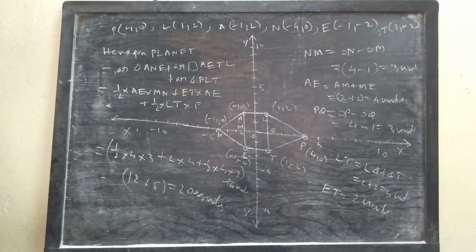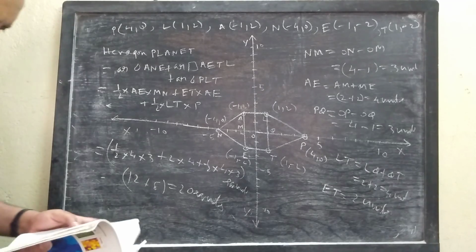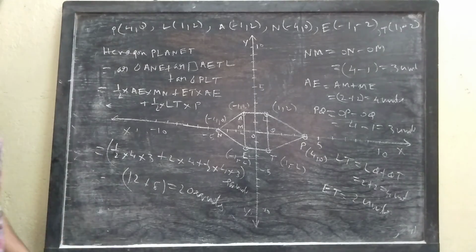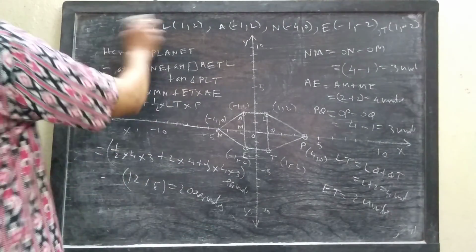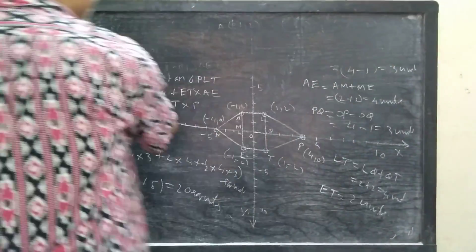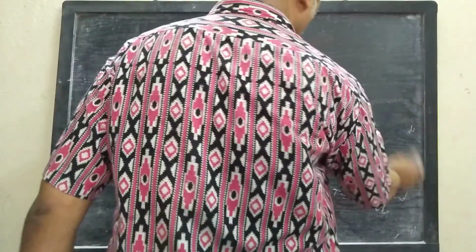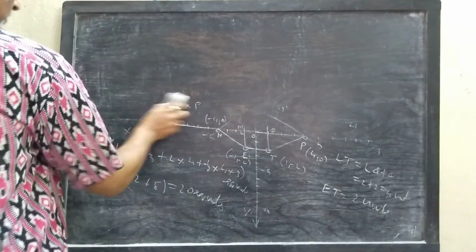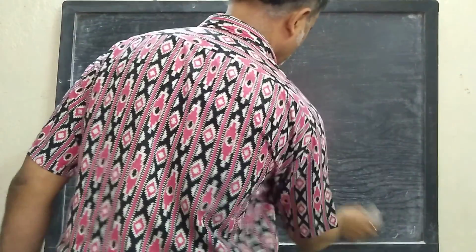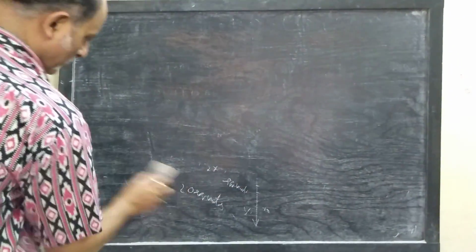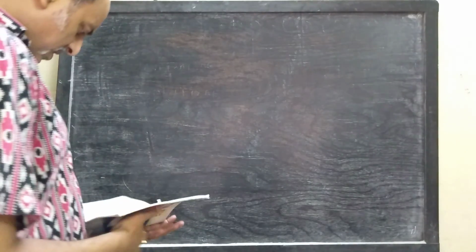Next question, find the coordinates of the vertices of the square ABCD having sides of length 2a units. Suppose you are given a square of side length 2a units.